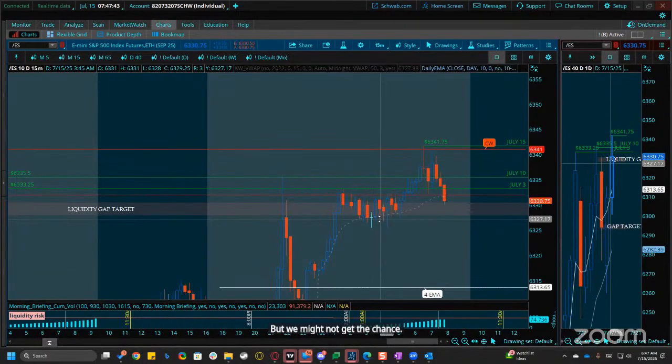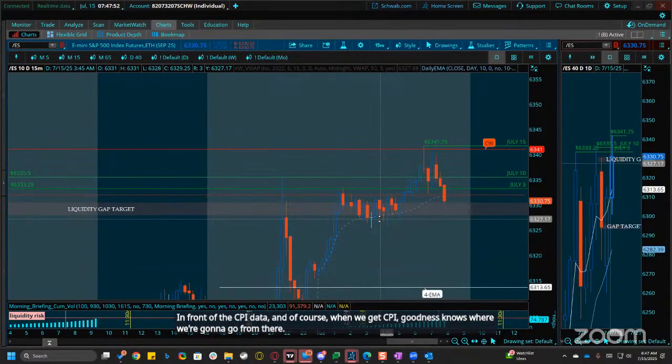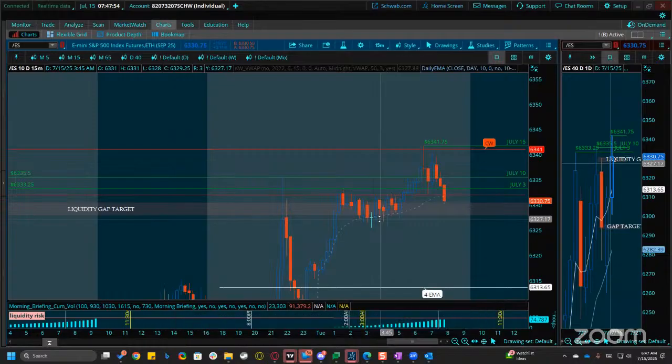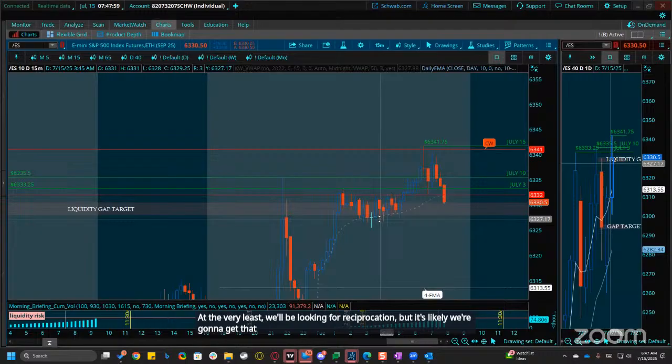We're already trying to normalize in front of the CPI data. And of course, when we get CPI, goodness knows where we're going to go from there. At the very least, we'll be looking for reciprocation, but it's likely we're going to get that even before we get the CPI data.